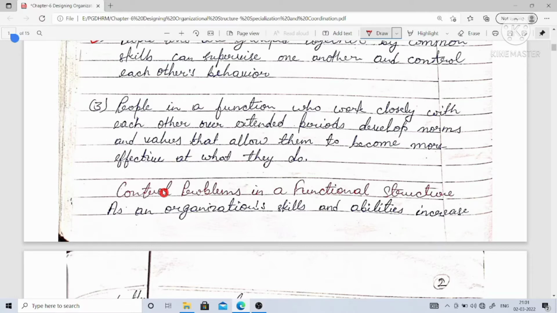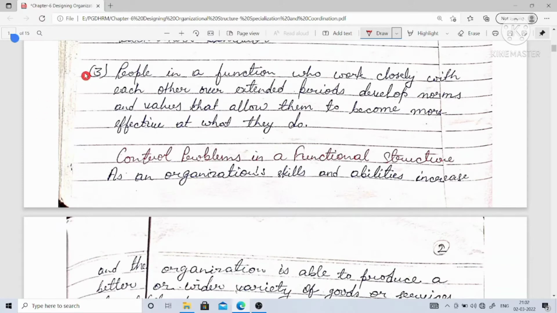If people work together over an extended period of time, that develops certain norms and values, and those norms and values allow them to become more effective. So that was the third advantage.